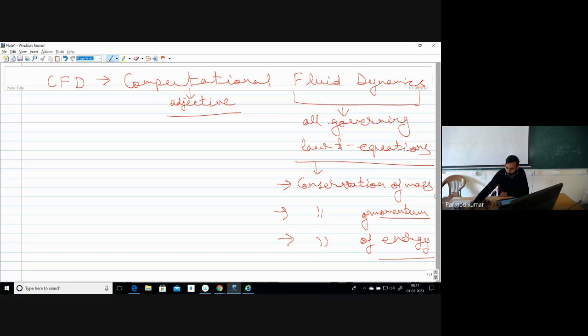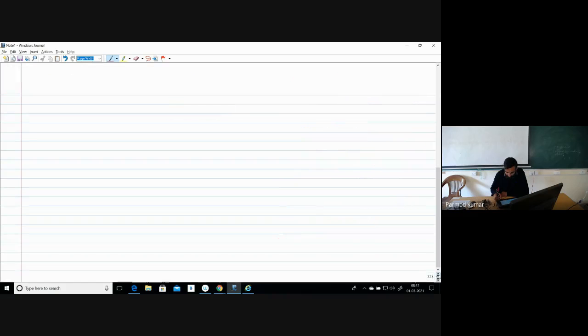So in this regard, let me now take up one important mathematical term called the substantial derivative. The substantial derivative is one important term which we will be using throughout in our governing equations.